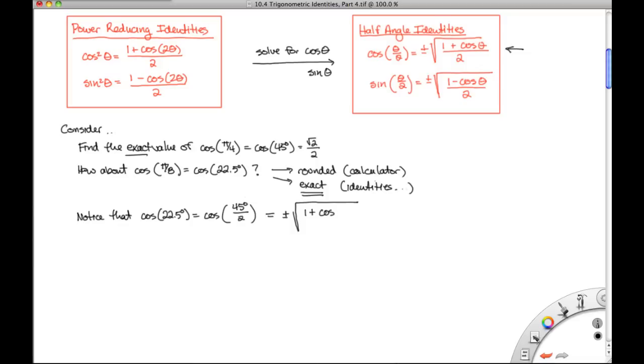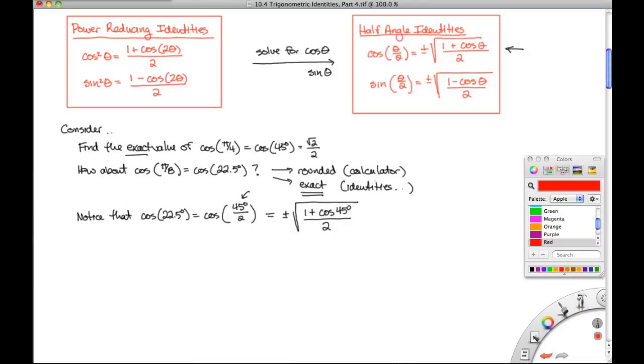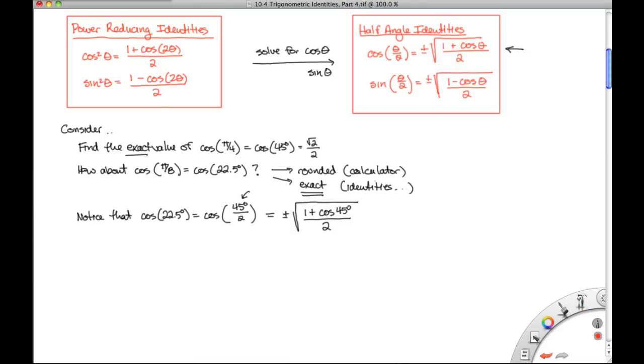The theta is this top angle right here, the angle we've divided by 2. So the way that we would write this is the cosine of 45 degrees divided by 2. So again, it's important to recognize that the angle that goes in for theta is the angle that we've divided by 2 right here, not the 22.5.